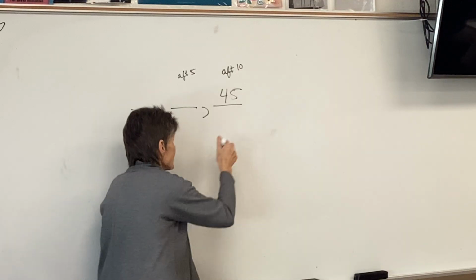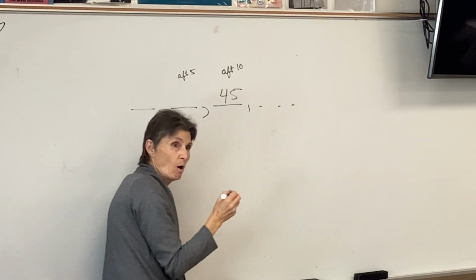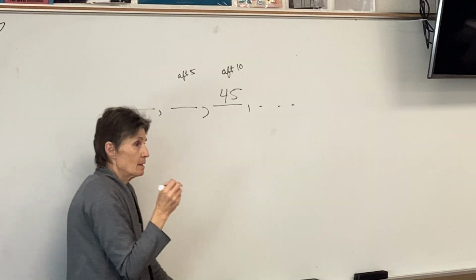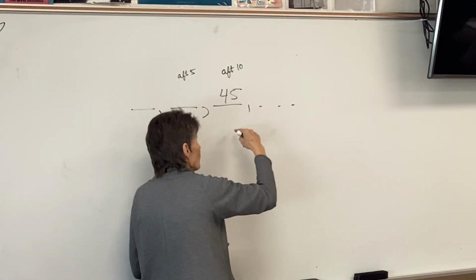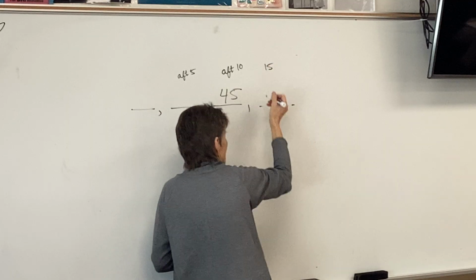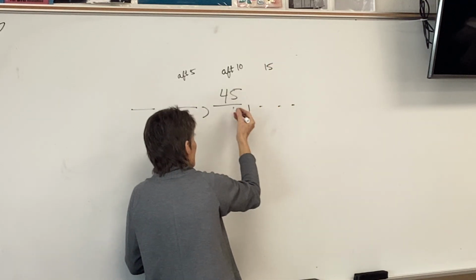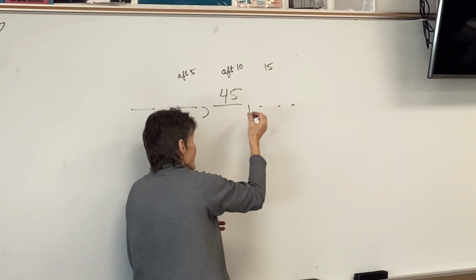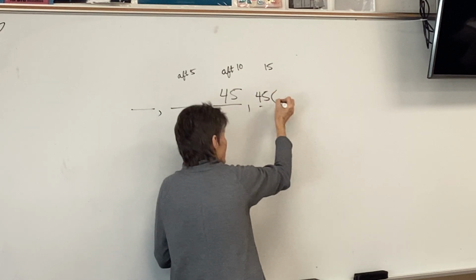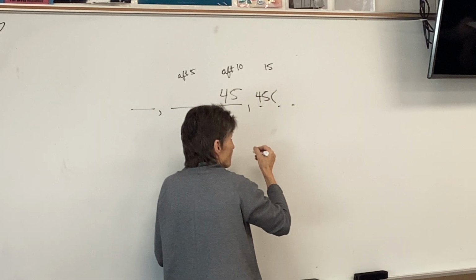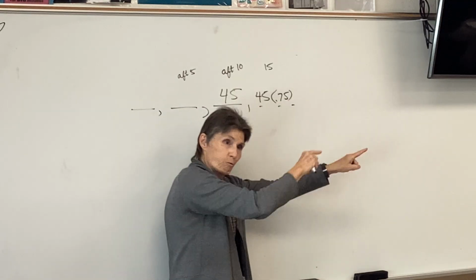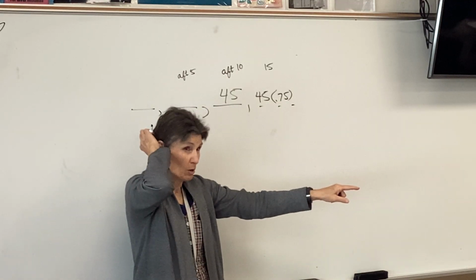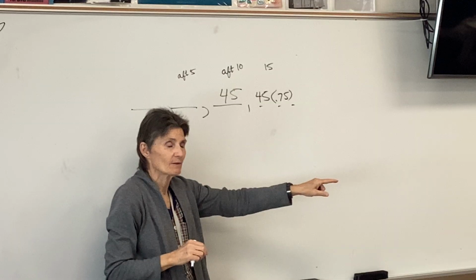That means these numbers are getting progressively smaller. And to get the next one, if I wanted to know after 15 years, I would take 45 and multiply it by what? 0.75. So to go forward in time, I'm going to multiply by 0.75.